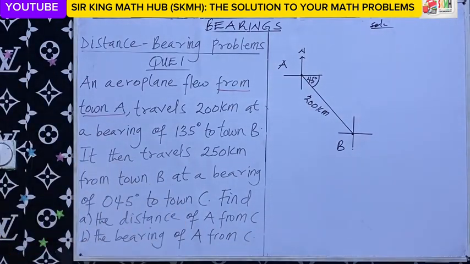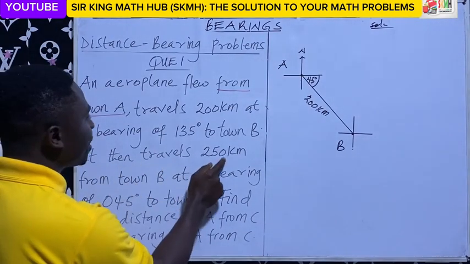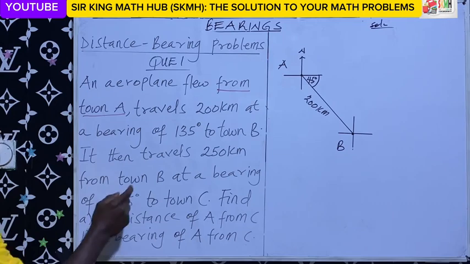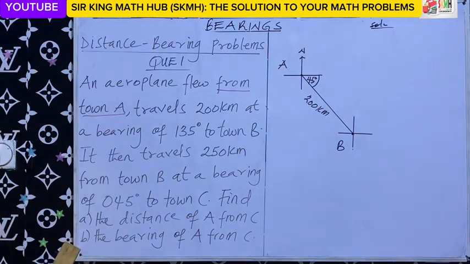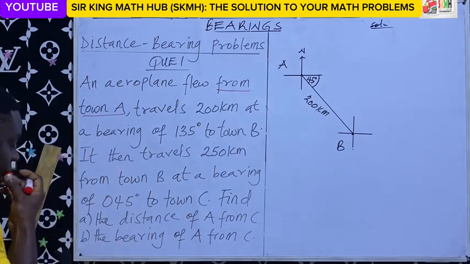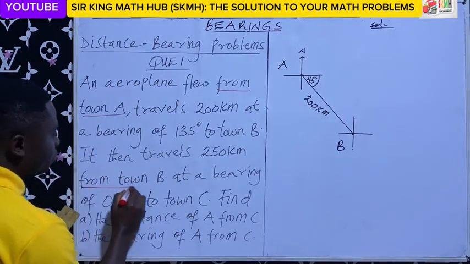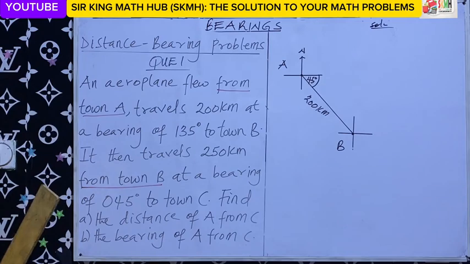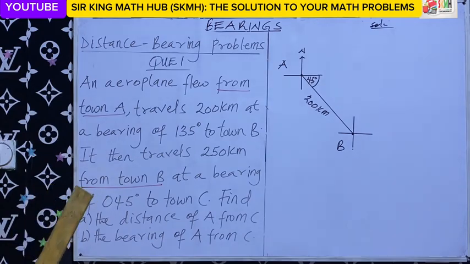Now the second statement: it then travels 250 kilometers from town B at a bearing of 45 degrees to town C. So that is where we have to draw from.